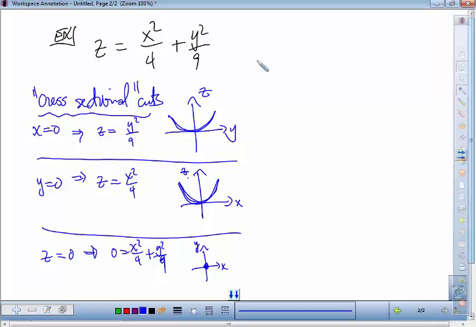Of course, we can let x and y equal a bunch of numbers as well, but the idea of a level curve is to cut the surface with a horizontal plane, a plane parallel to the xy plane, and to see what your result is. We saw some of that yesterday in the graphics again, but we'll formalize this idea of a level curve when we get into Chapter 14.